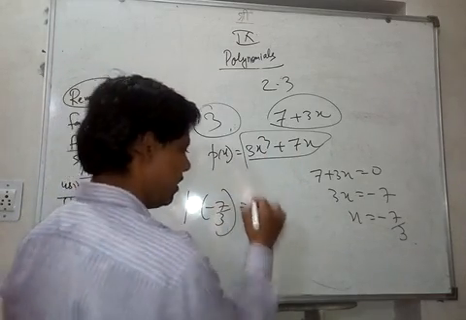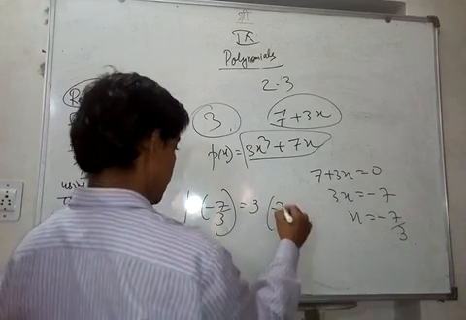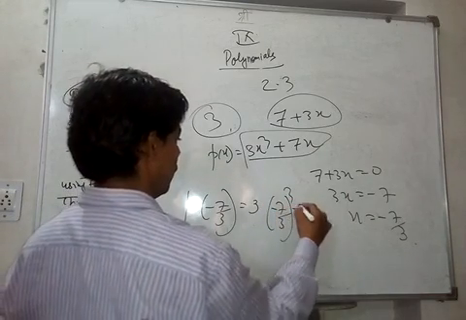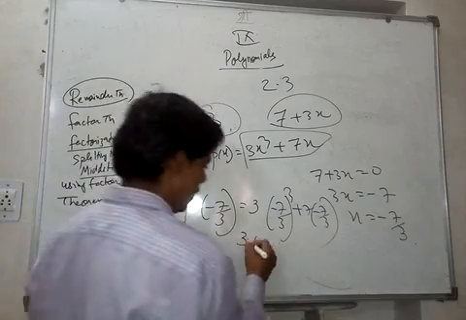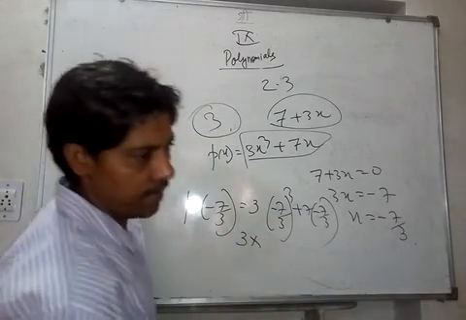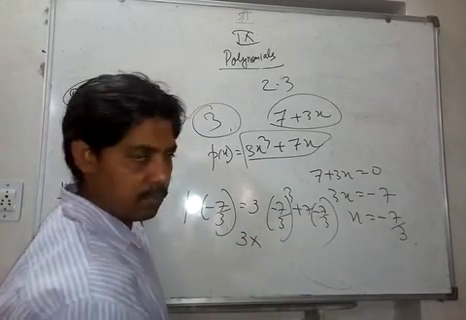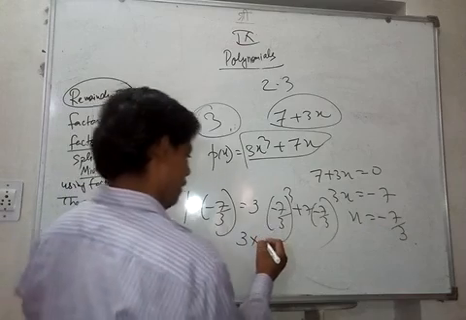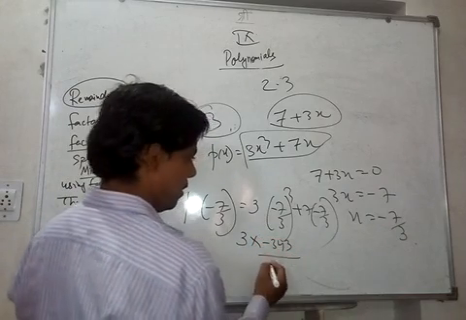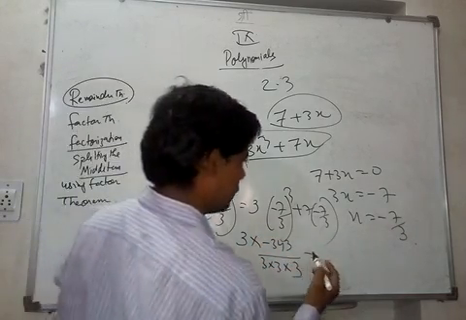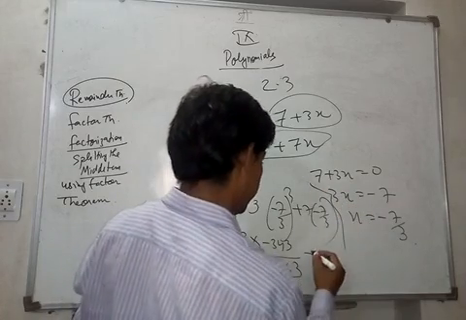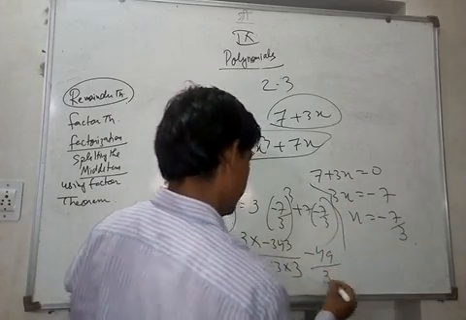So you will do 3 into minus 7 by 3 cube plus 7 into minus 7 by 3. So we get 3 into 7 into 7 into 7, which is 343, minus 343 upon 3 into 3 into 3, plus, this one, minus 49 upon 3, something like this.